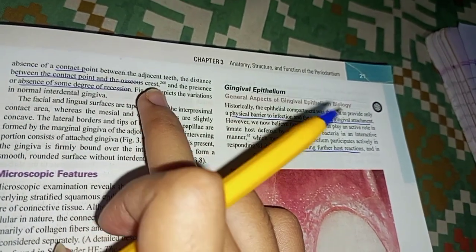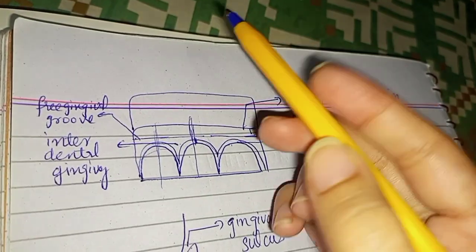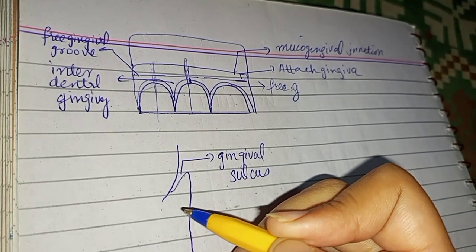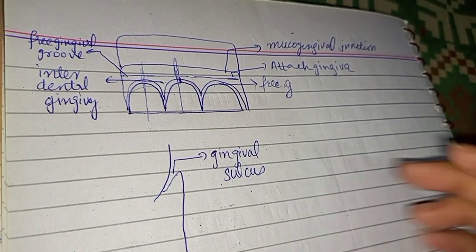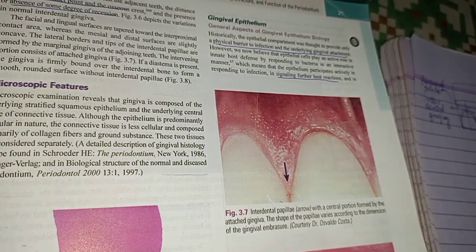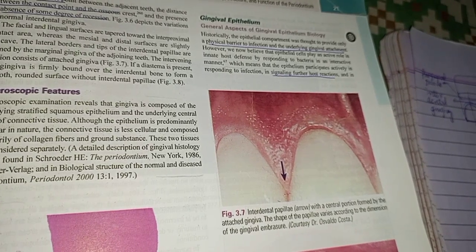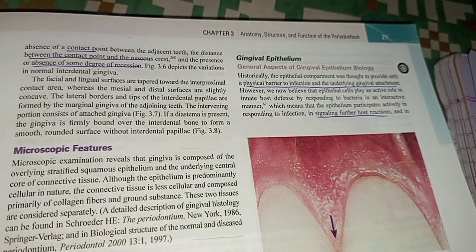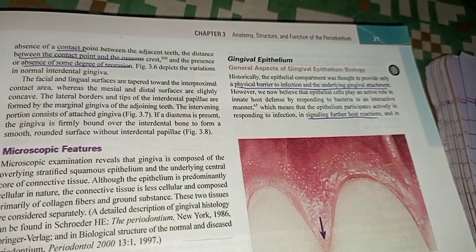What is the osseous crest? It is basically the distance between the contact point and the bone.